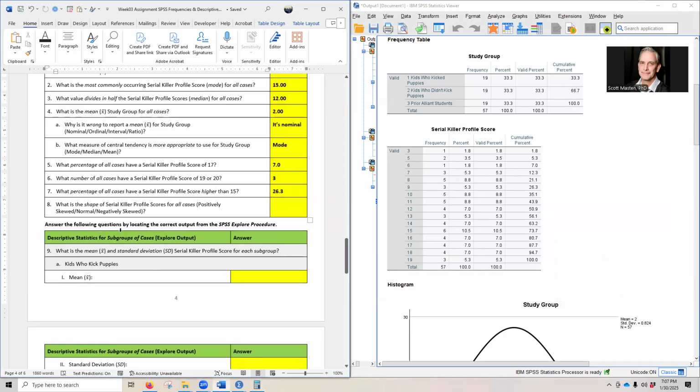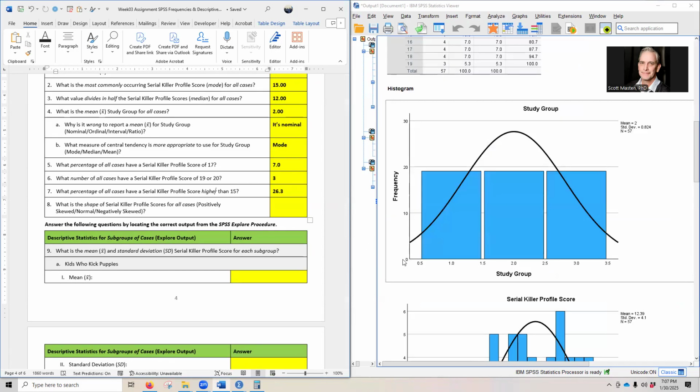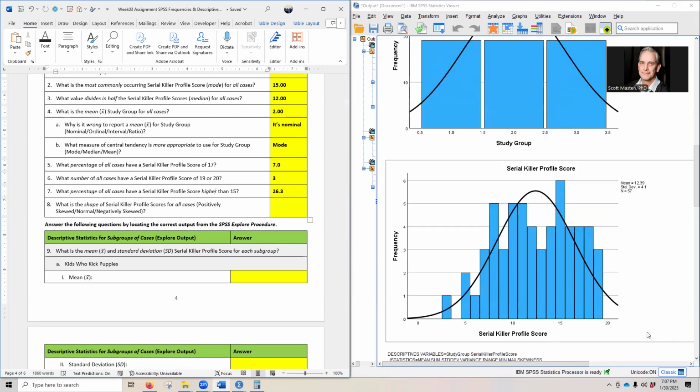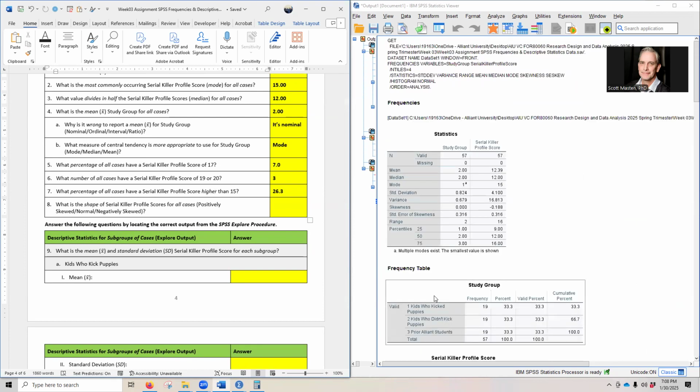What is the shape of the serial killer profile scores for all cases? Positively skewed, normal, or negatively skewed? Where do we go to establish shape? We don't just look at the picture, because people disagree. There is a particular stat we look at, called skewness, the coefficient of skew, in this table. We ask whether it has an absolute value of 2 or bigger.